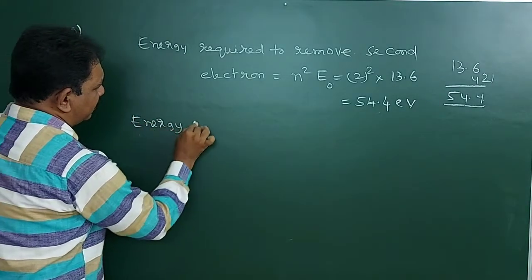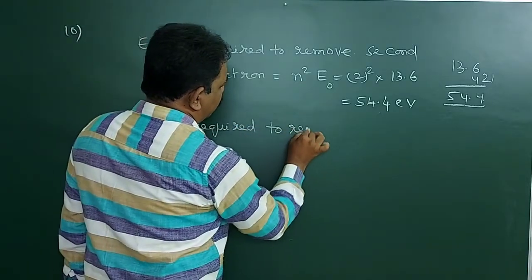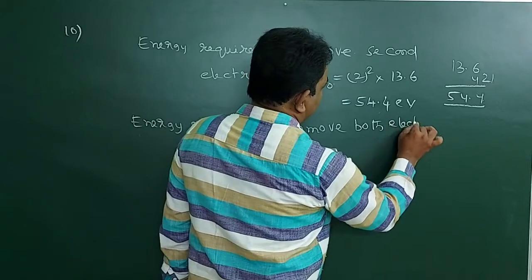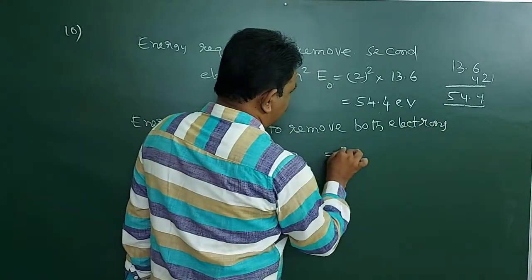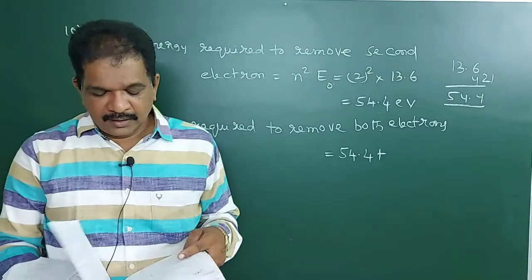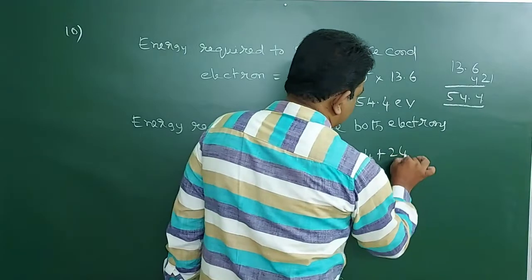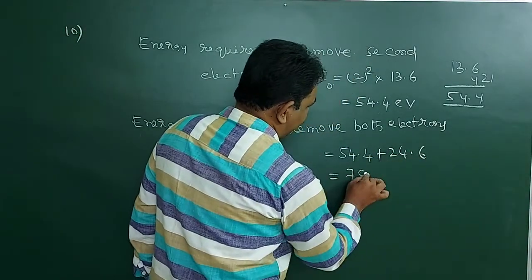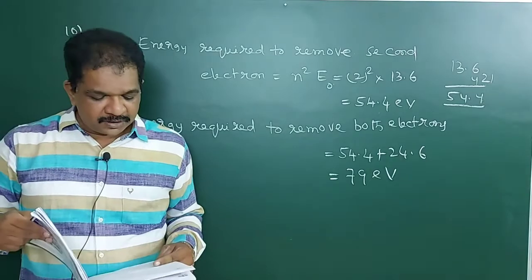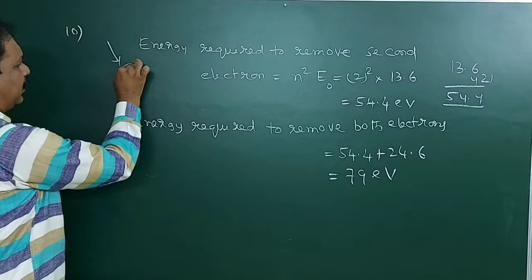Energy required to remove both electrons is this value 54.4 plus, to remove the first electron, how much? 24.6. So this will be 79 electron volt. So for this 10th question, it will be the second option.